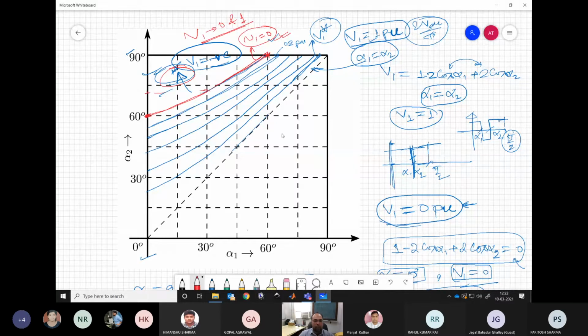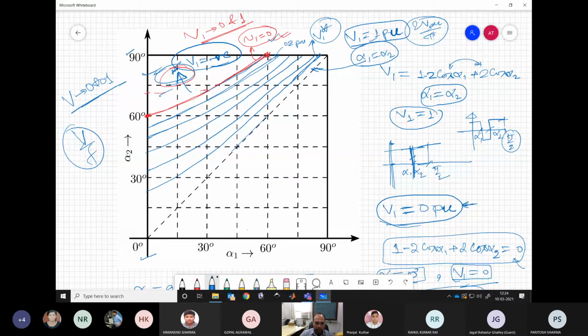Now, if someone asks you what is a PWM technique for, let's say, operating an induction motor drive in V by F mode, what you would say is that our voltage should vary from 0 to 1 gradually or monotonically.